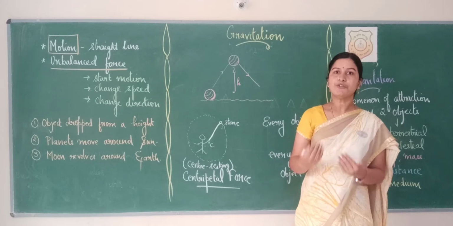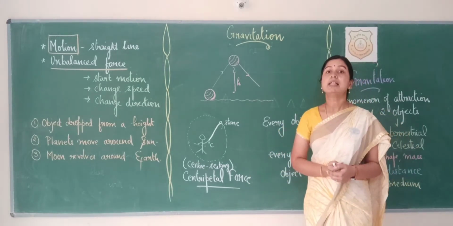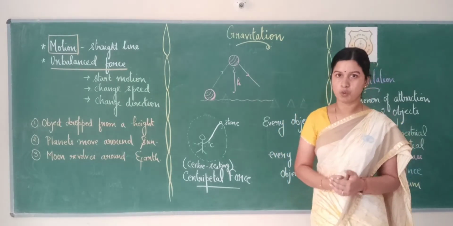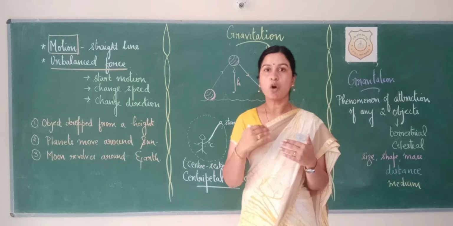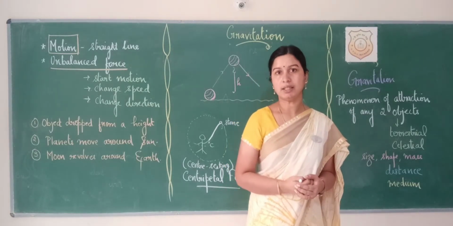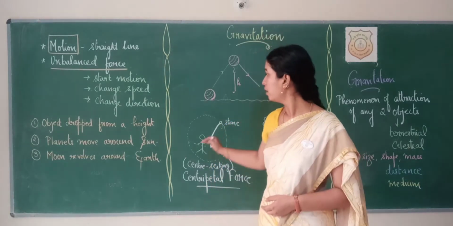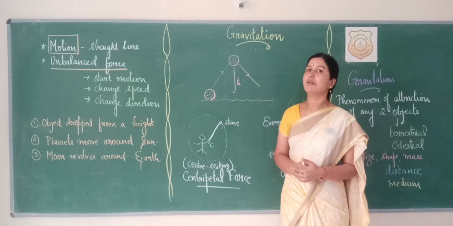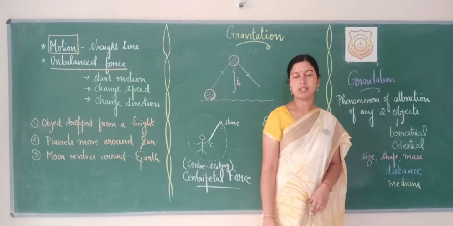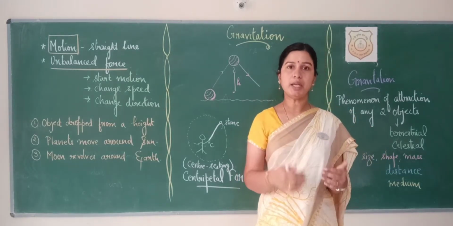Since this force comes from the center, we call this force centripetal force or center-seeking force. The force which causes the movement of an object in a circular path is termed as centripetal force. So here again this causes the movement of an object, so it is definitely an example of an unbalanced force. The unbalanced force here is termed as centripetal force.